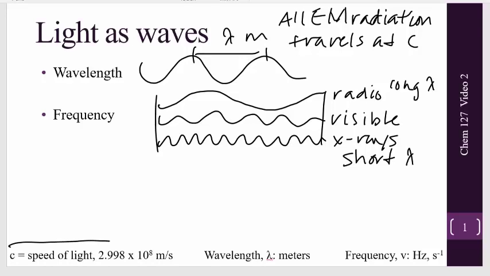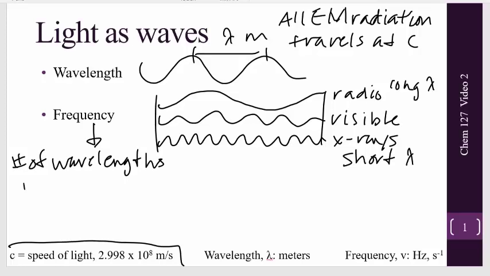And you can see the speed of light down here. So it's about 3 times 10 to the 8th meters per second. So no matter how long or short its wavelengths are, it will travel at that speed. So this is where the idea of frequency comes in. Frequency is then the number of wavelengths per second.